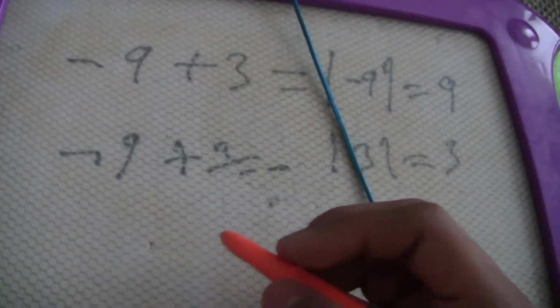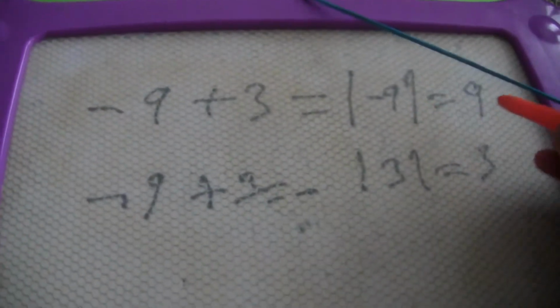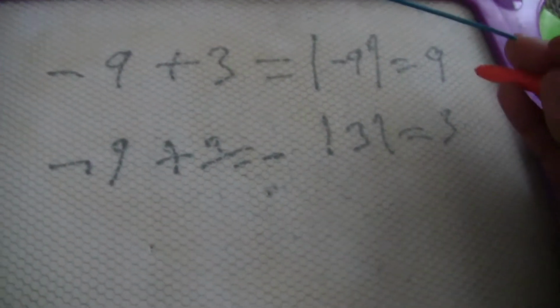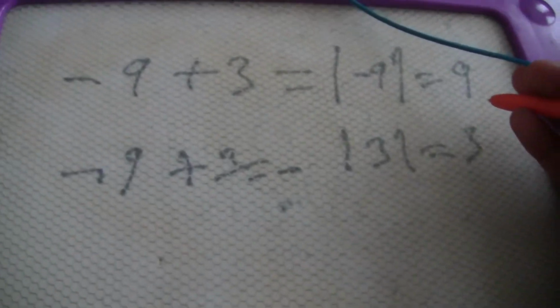So now you just do 9 minus 3. Sorry, 9 minus 3 is 6.